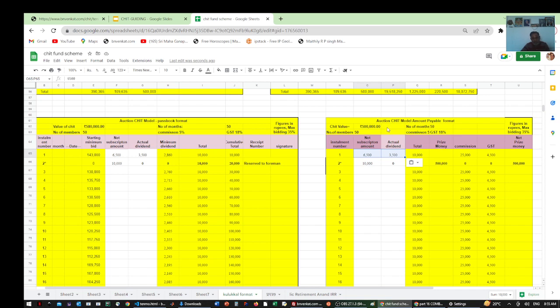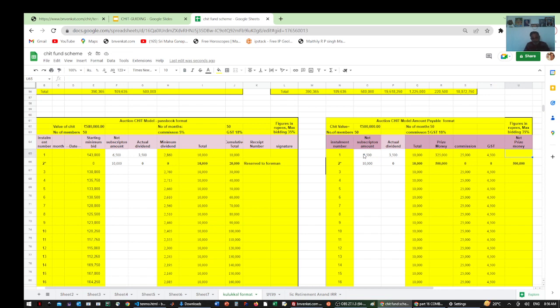Whereas in the amount payable entry, we have to calculate the prize money. Prize money will be the net subscription multiplied by 50 members, 3,25,000 rupees.